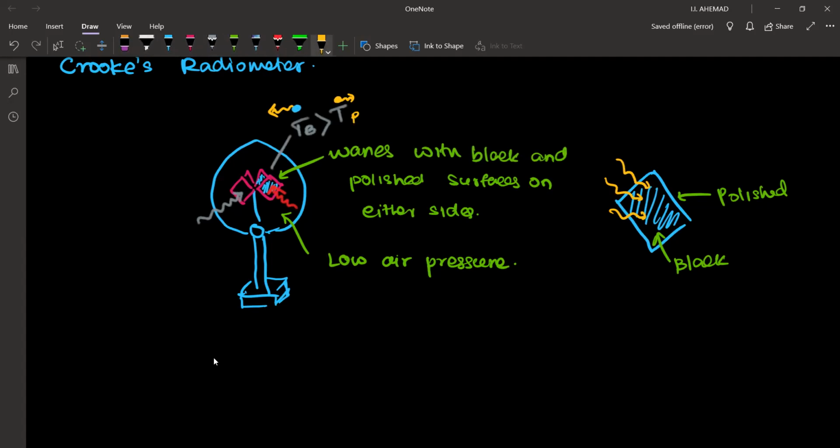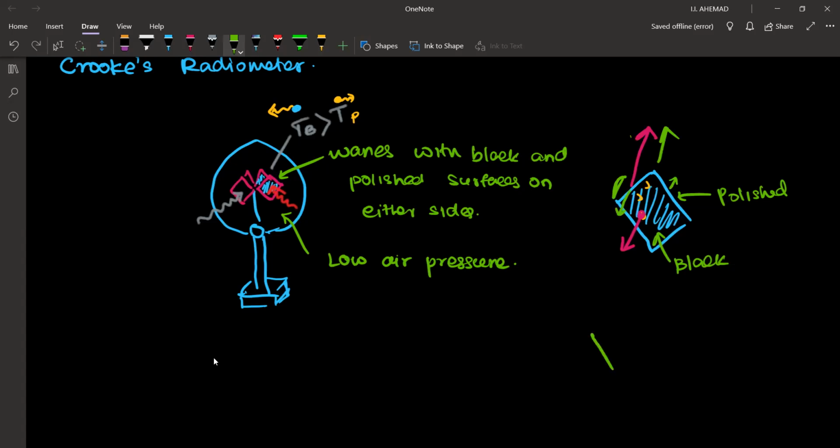Is that clear? Therefore, now think: the force on this side is greater than the force on the other side. When a molecule hits the black surface, it will rebound with a greater velocity, so it will give a greater push. On the opposite side, the molecule will also collide and provide a force, but it is very small. So the resultant will be in this direction.